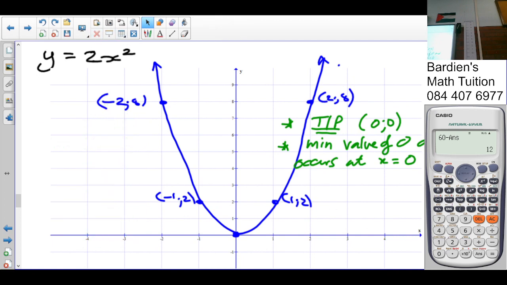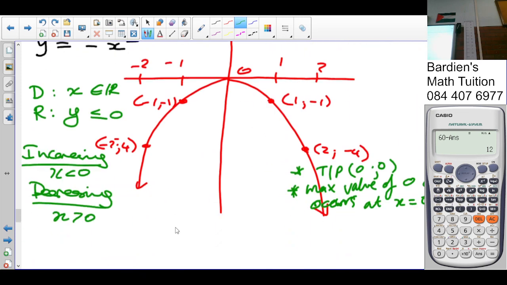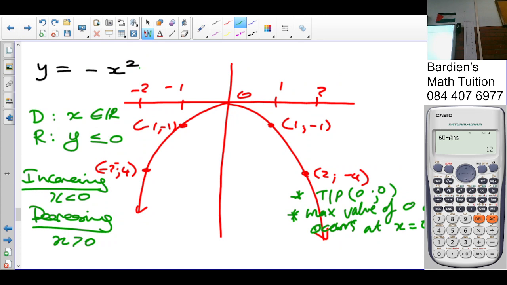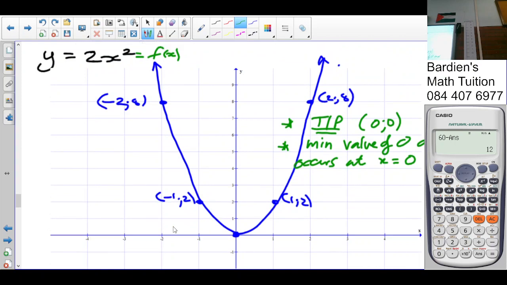So if this was f of x equal to that function. Okay, that was f of x. So it will be f of x for now. And the last one was also f of x. My question is, where's f of x equal to 0?